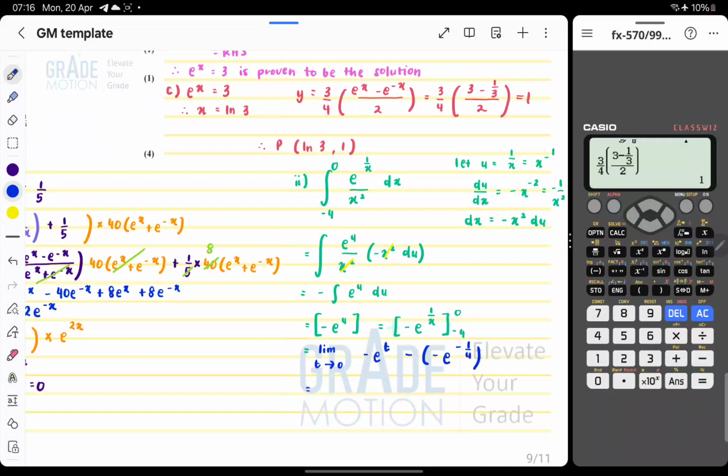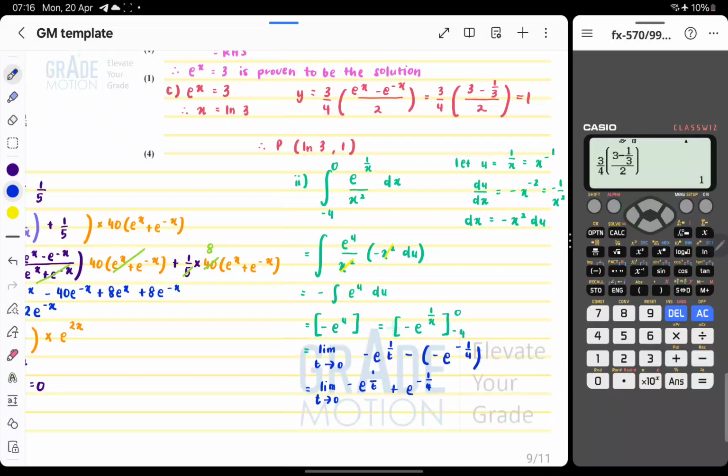So here I will get the limit as t approaches 0 of negative e^(1 over t) plus e to the power of negative 1 over 4.